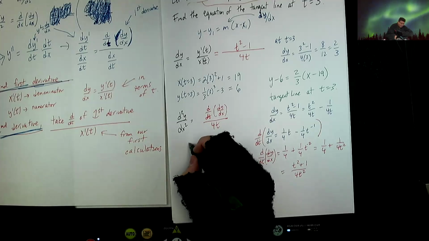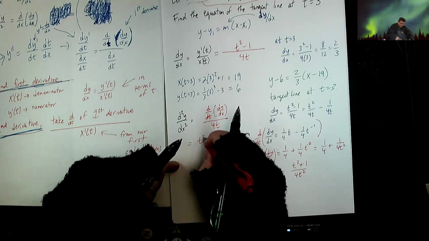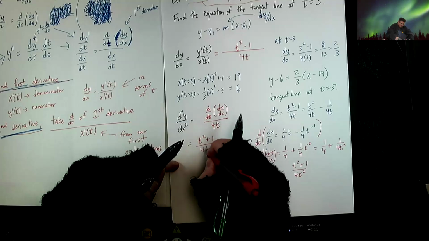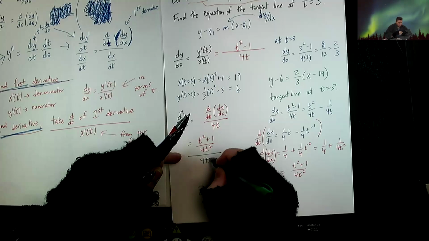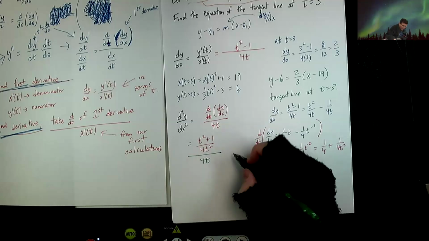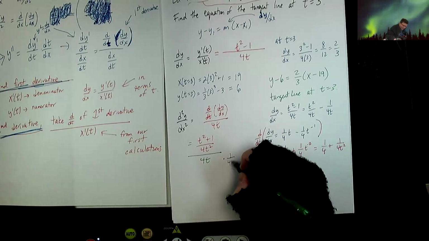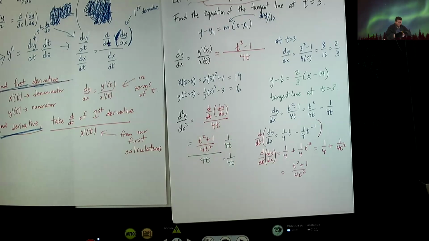So if I put that in up here, I don't like having complex fractions, so I'm going to clear them by multiplying by the reciprocal of the bottom.